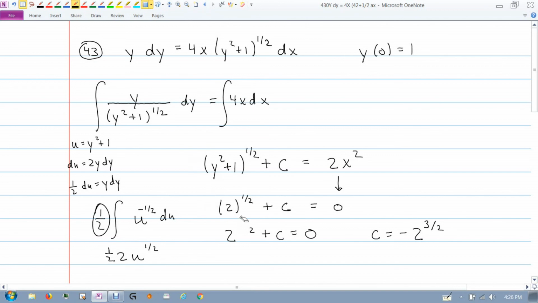And then it's just going to be 2 to the 1/2, and then minus 2 to the 1/2. My fault. So just keep in mind we had that 1/2 here, and I never accounted for it right there. So that had a little bit of an impact. So our c is going to be negative 2 to the 1/2, which is the same as negative square root of 2.